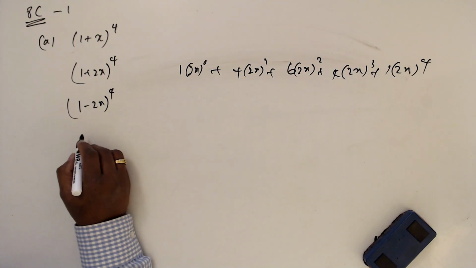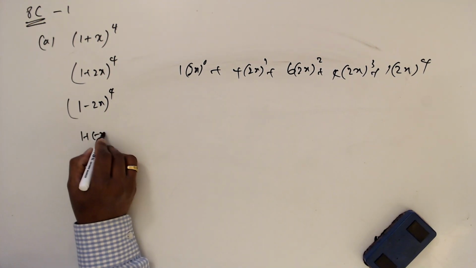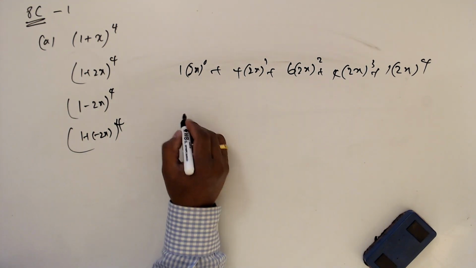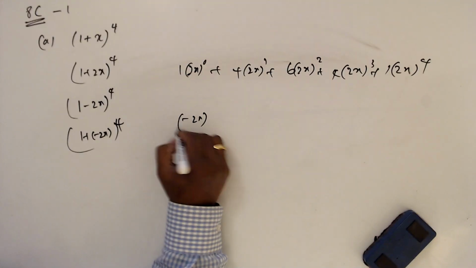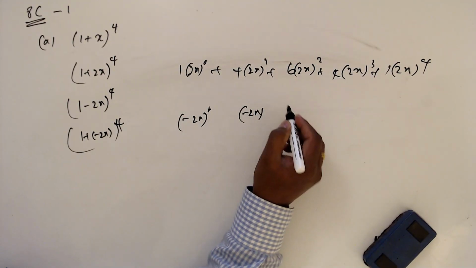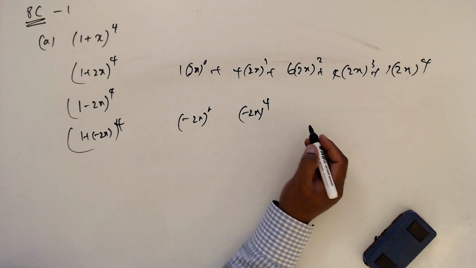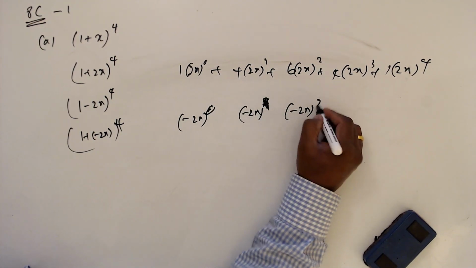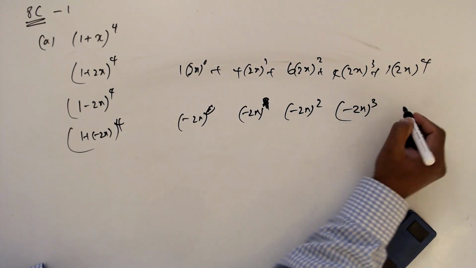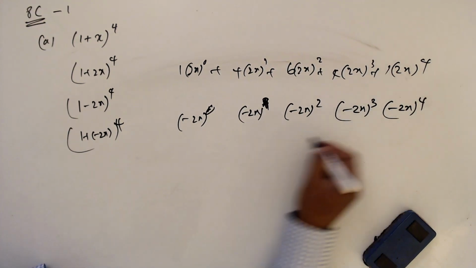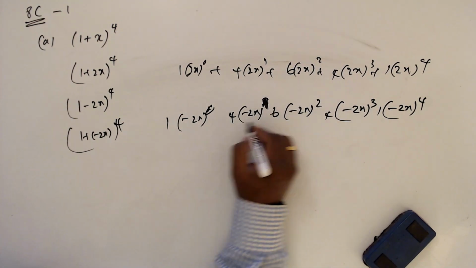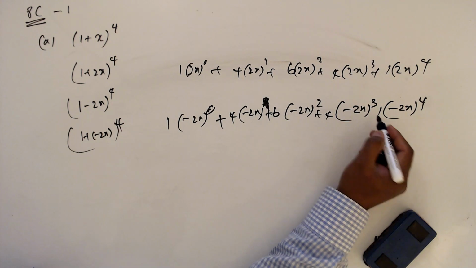Then this is 1 plus minus 2x to the power 4. This is going to be minus 2x^0, minus 2x^1, minus 2x^2, minus 2x^3 and minus 2x^4, and the coefficients are 1, 4, 6, 4, 1. Done.